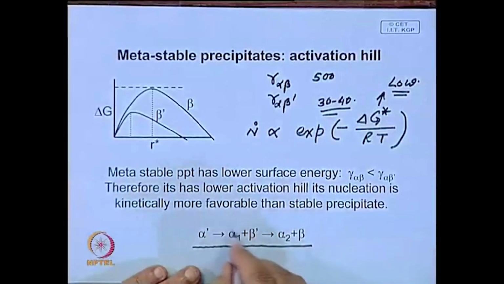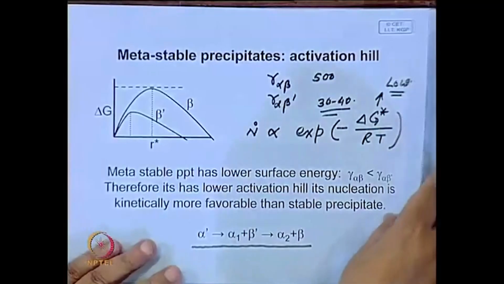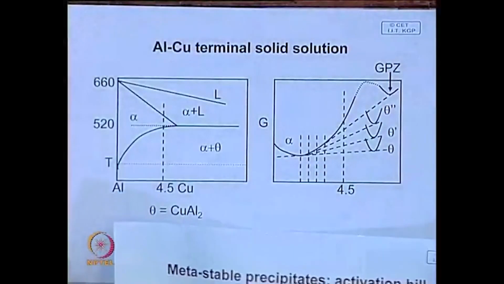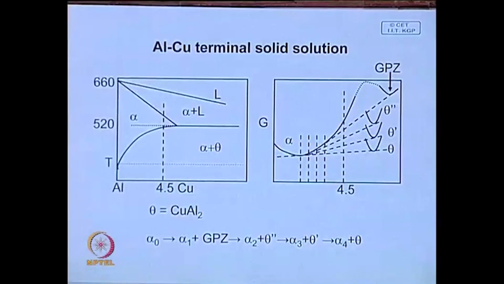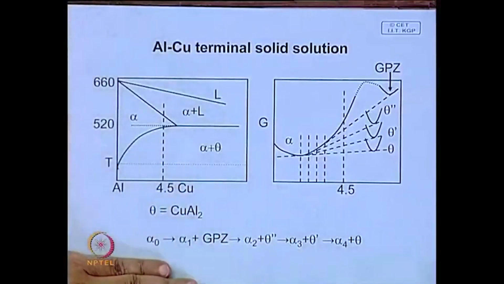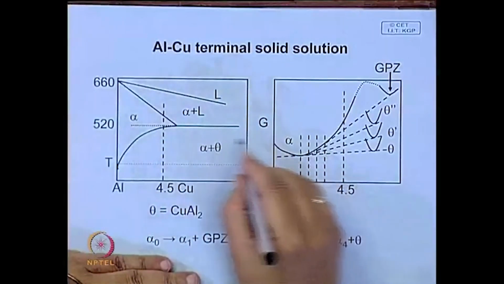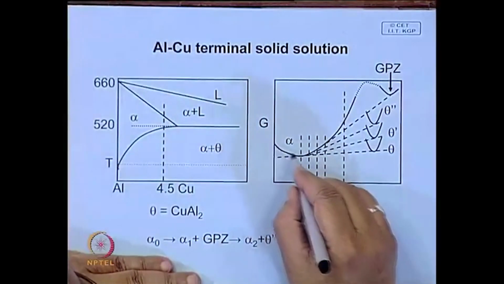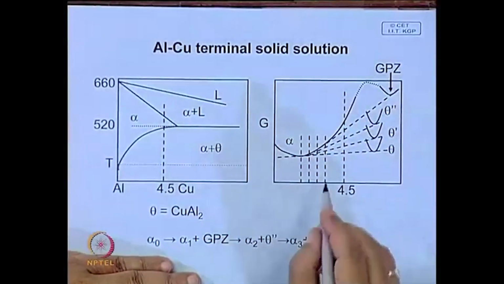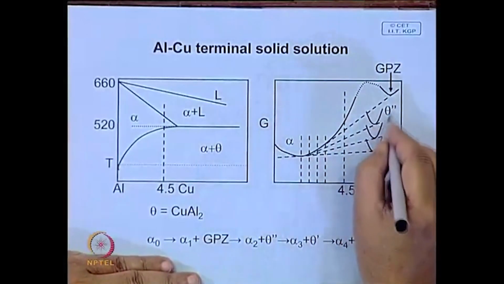Here we have written one, but in many alloy systems there may be multiple intermediate metastable phases. The aluminum copper system has been most extensively studied, and the process of precipitation has been extensively studied in this alloy system. If we refer to this, it is shown here. This is the supersaturated solid solution free energy diagram, and here you have a number of intermediate stages.